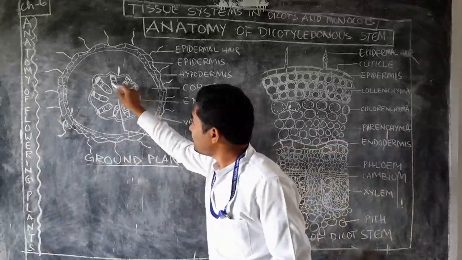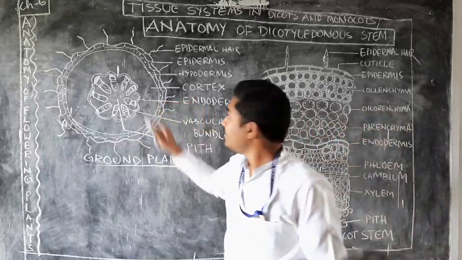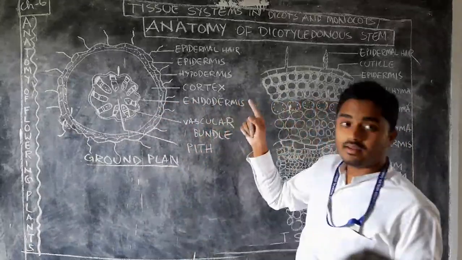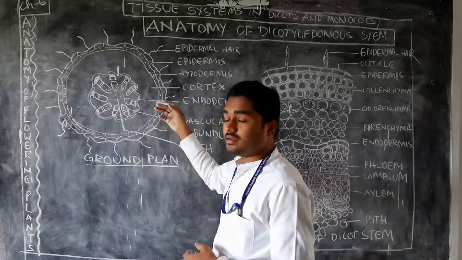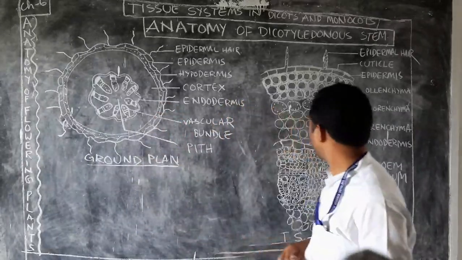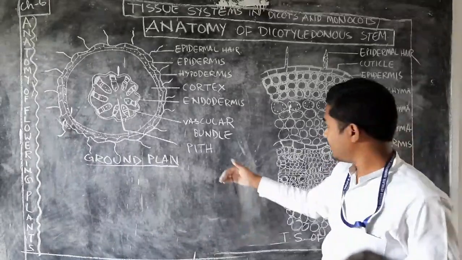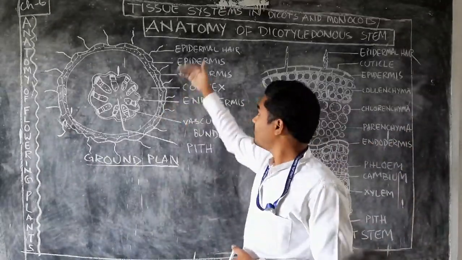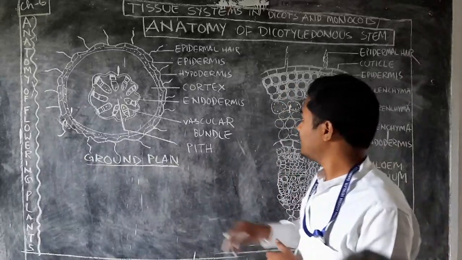And the vascular bundles here are of open type, and here it is of endarch type. That means the protoxylem is found towards the pith region, and the metaxylem is found towards the periphery, towards the epidermal region.